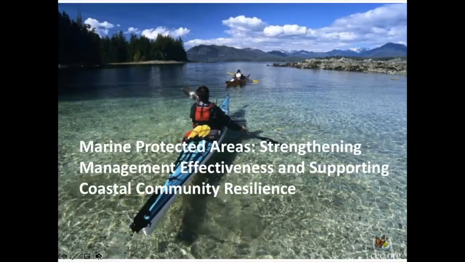Moving along, of course, as part of our last project cycle, the 3 countries, through the lead agencies, identified the need to strengthen the management of marine protected areas and the resilience of their associated communities in the context of climate change.